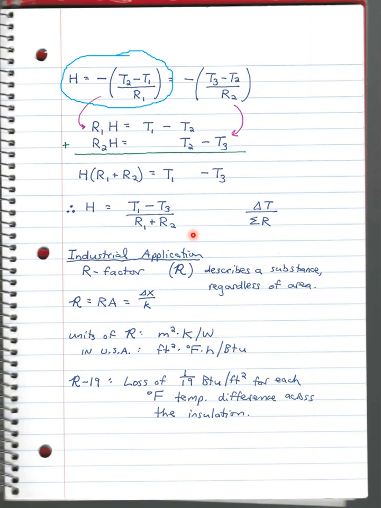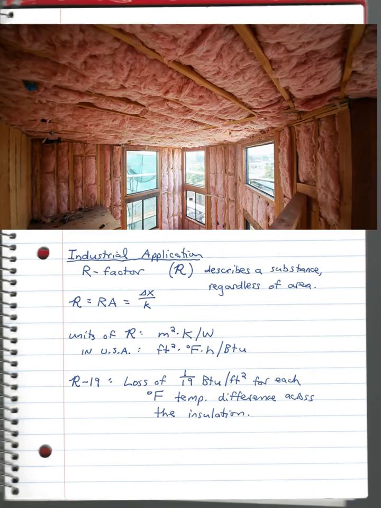So this means that the rate of heat flow is the difference in temperature divided by the sum of both of the thermal resistances, delta X over Ka. Now, an industrial application of this: we think about insulation that's in the walls, in the roof of a house, of a basement.